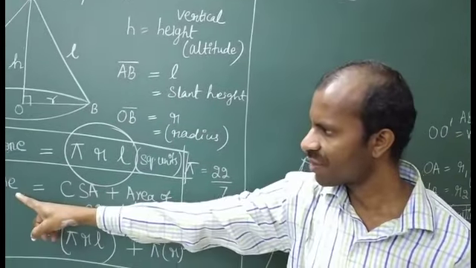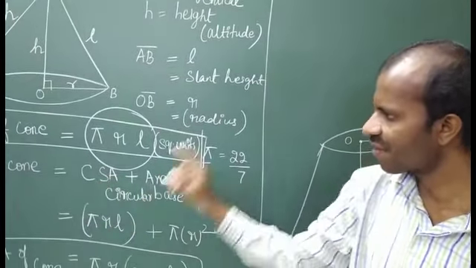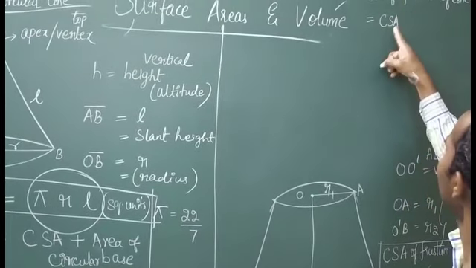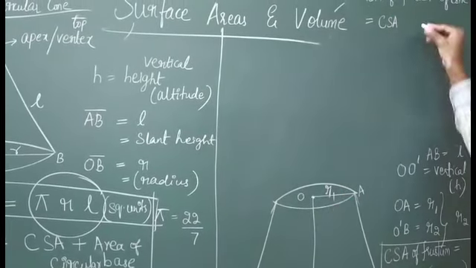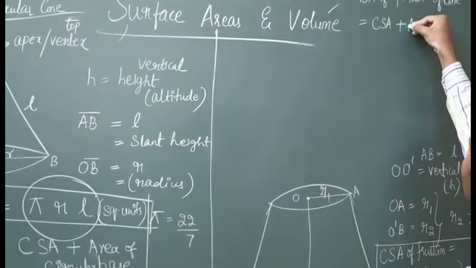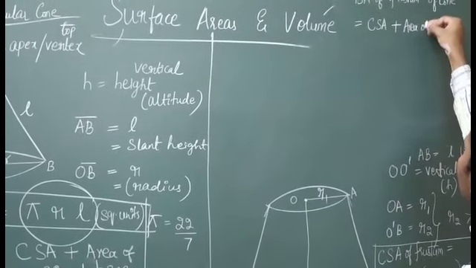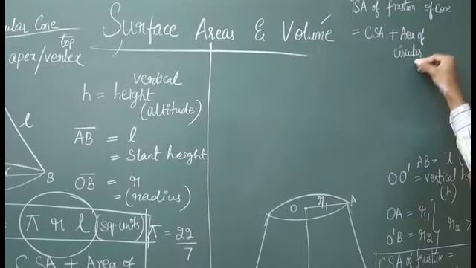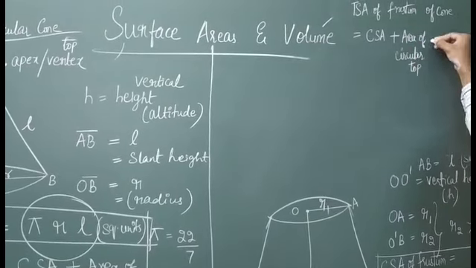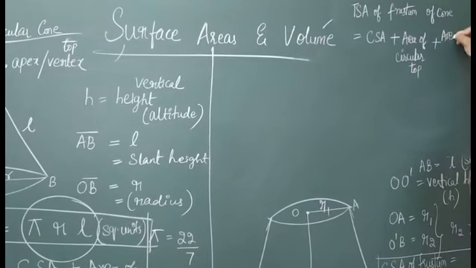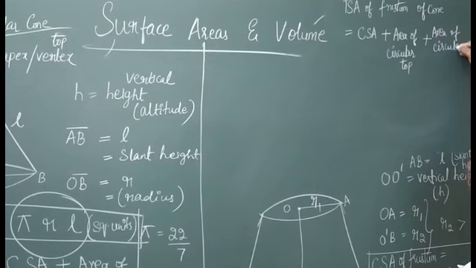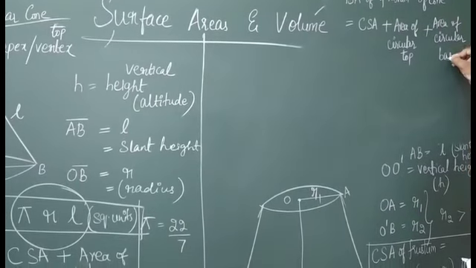The total surface area of the cone is CSA, the curved surface area, the curved part, plus the area of the circular top, plus the area of the circular base.